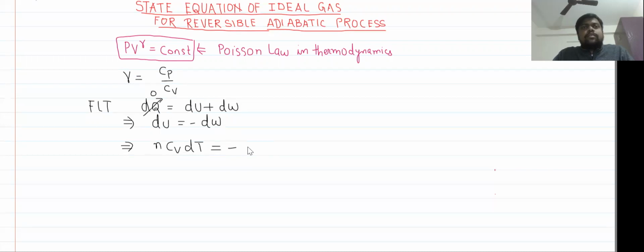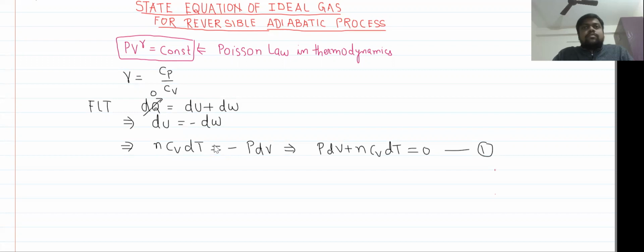Work done here will be PdV, we know from this formula. So when you keep everything on one side, LHS, you will get PdV plus n Cv dT equal to 0. This is the first equation we got.